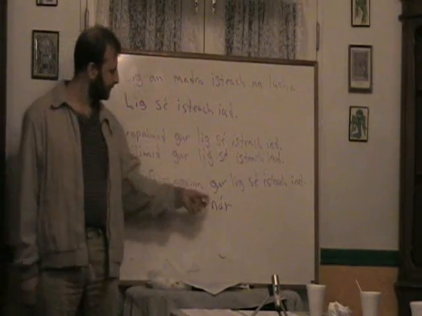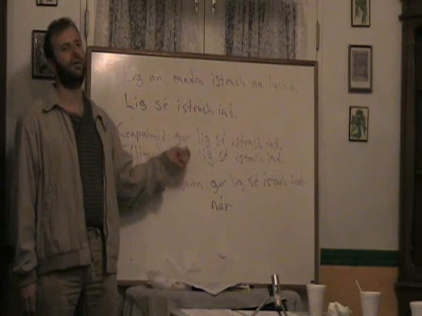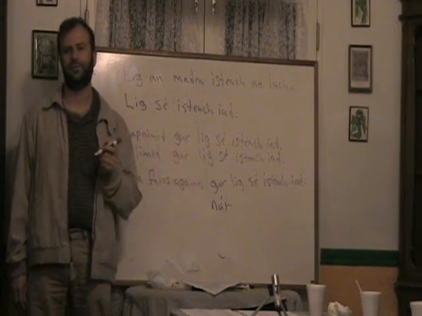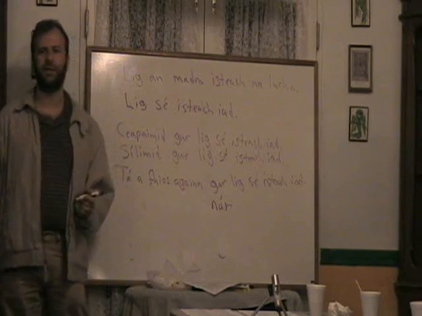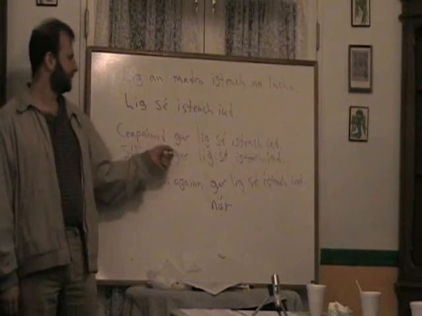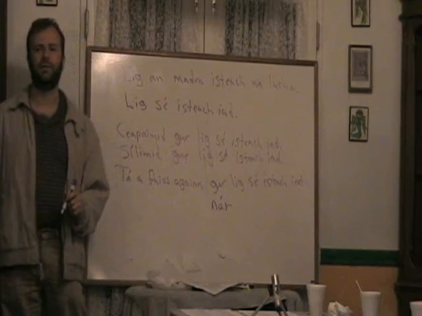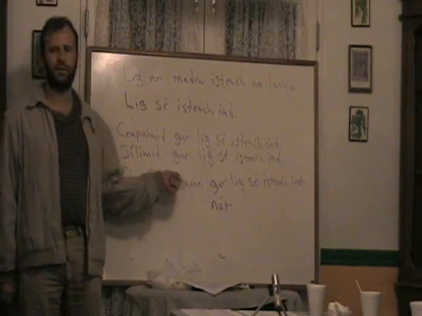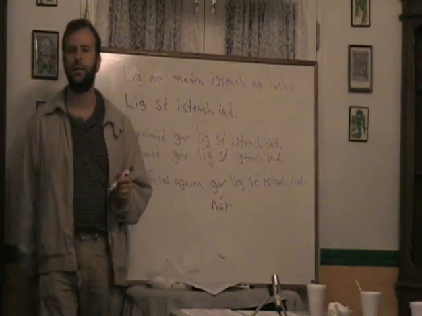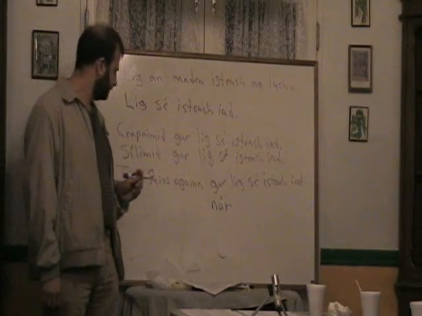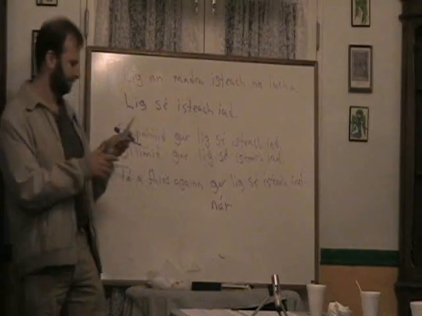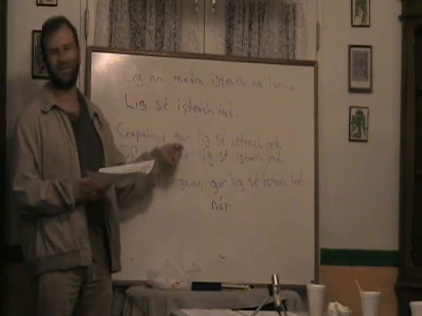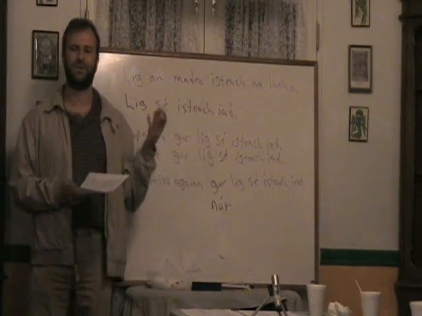So whenever you have gur, if you want to make it negative, it's nar. Okay? So kapamage nar lig she is chachian, we think he didn't let them in. Shilamage nar lig she is chachian, we think he didn't let them in. Tasagin nar lig she is chachian. Okay? We'll be doing a lot of stuff with go and gur and such because it's a very big part of the language.